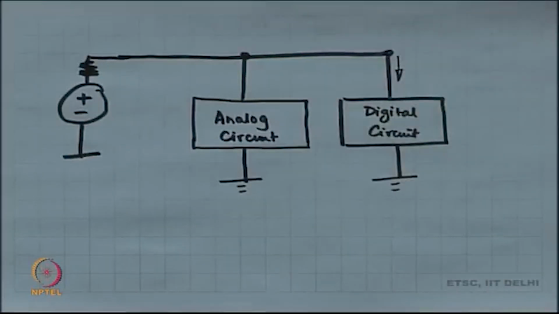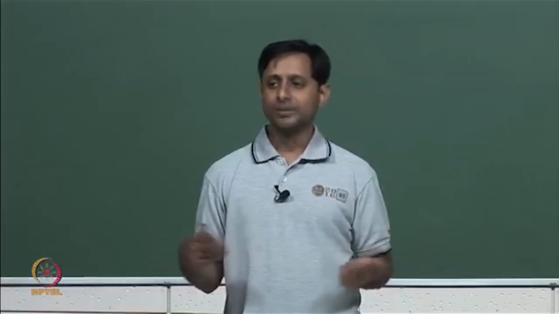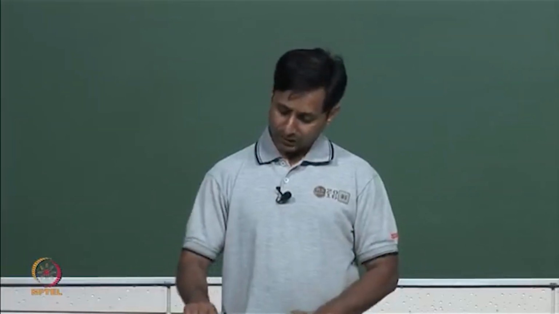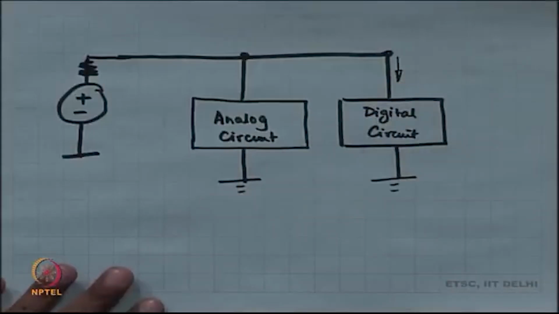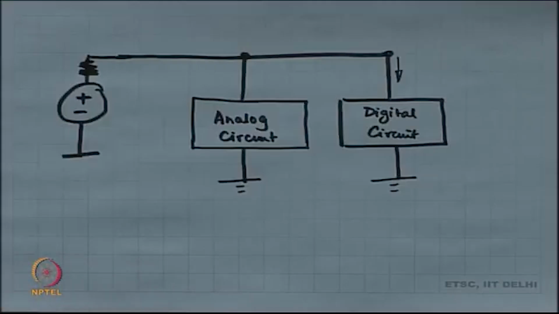So, at the edges of the clock typically, for example, if it is a D flip flop, then the output is going to become equal to D at the edge of the clock. So, at the edge of the clock, this digital circuit is going to draw some current, otherwise the digital circuit is going to stay silent.